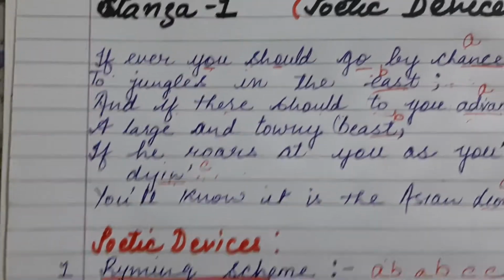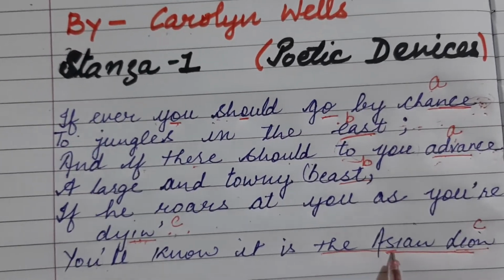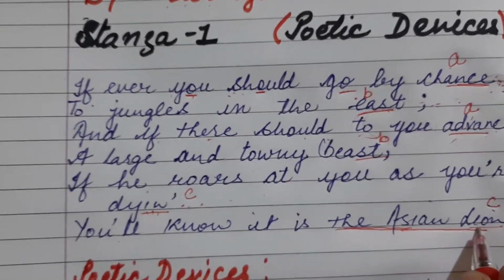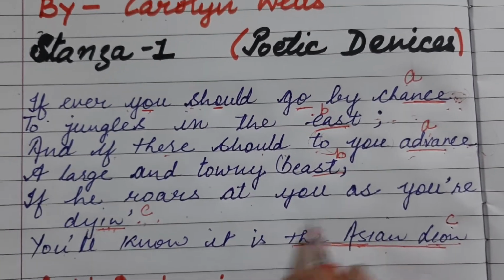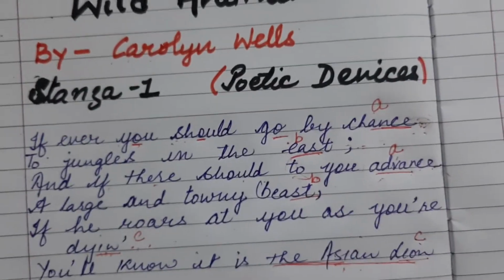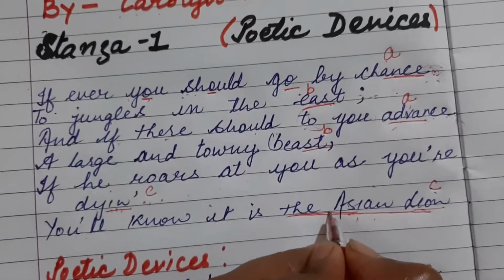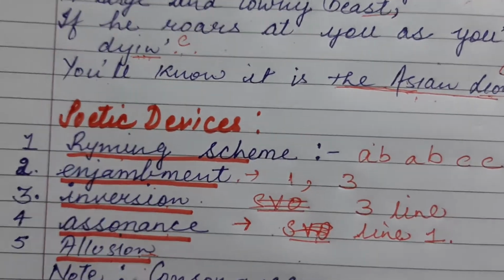So here, if you see the Asian line, the particular types or species are described, so the allusion poetic device is used. So in the last line of this stanza, allusion has been used, right?